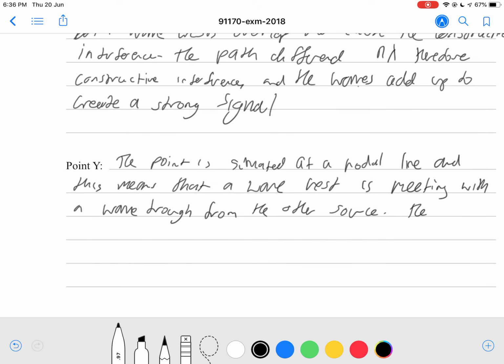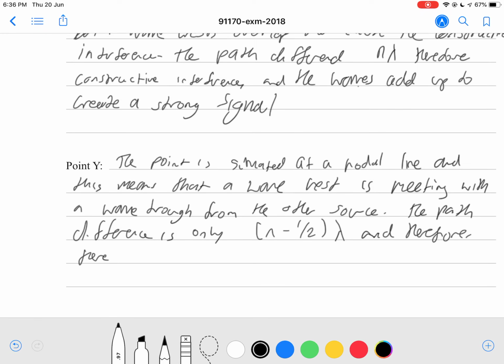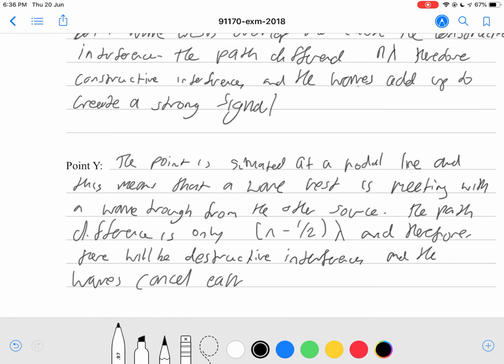We're going to say that the path difference is only n minus 1/2 of lambda, and therefore there will be destructive interference, and the waves cancel each other out to produce a weak signal.